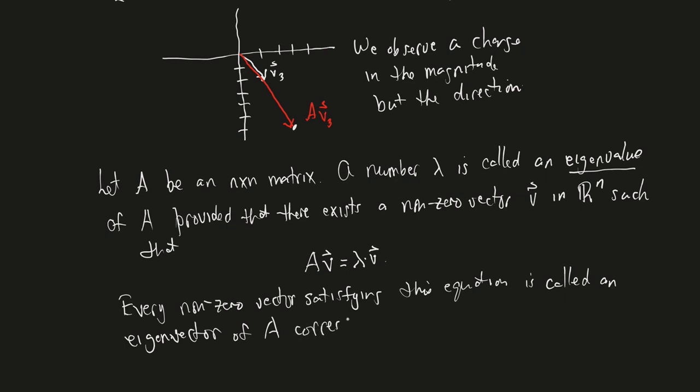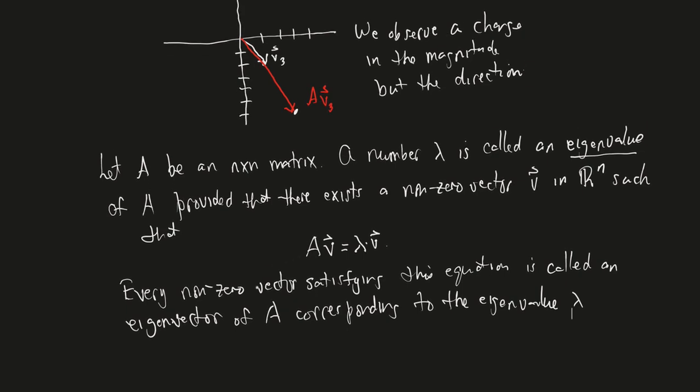Right. So corresponding to the eigenvalue that's called lambda. And the two together, the vector v and the scalar lambda, are referred to as the eigenpairs of the matrix, right?